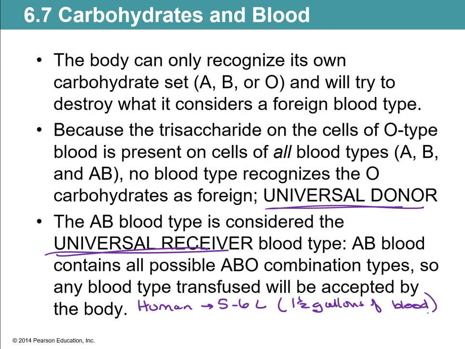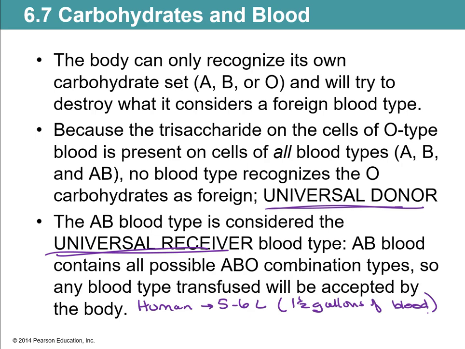If they transfuse more than 20% of your blood, so if you get much more than a pint, which is basically a unit. If you go give blood, they collect it in a little bag. So it's a certain amount. They call it a unit. A unit is very close to a pint.